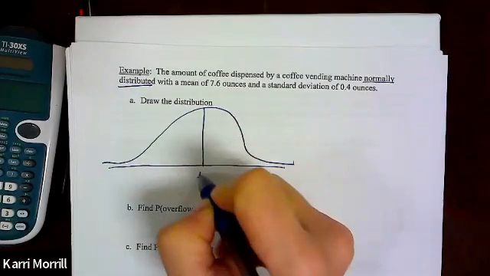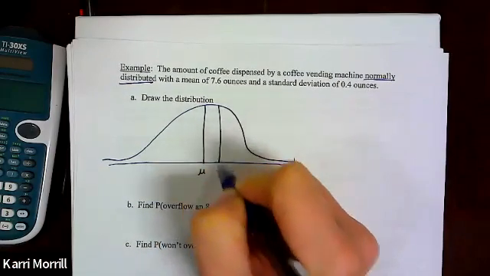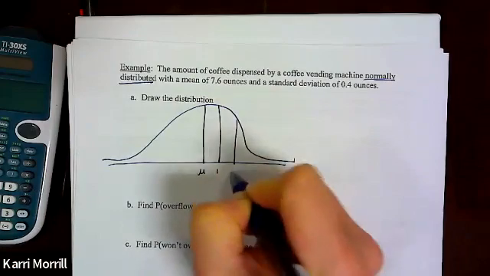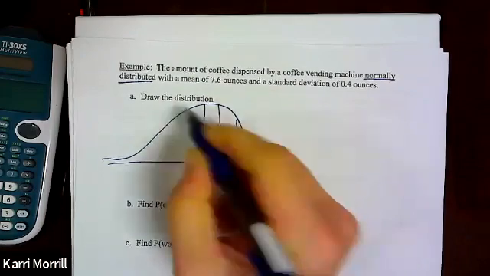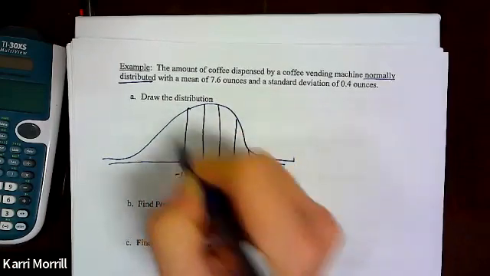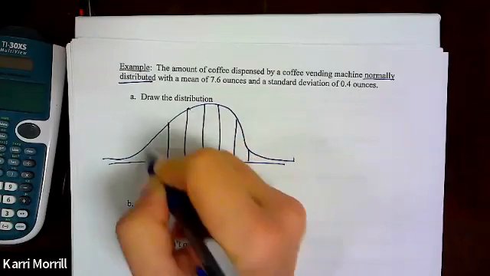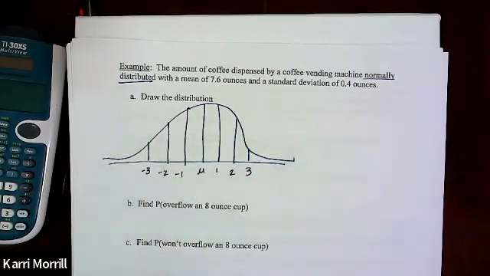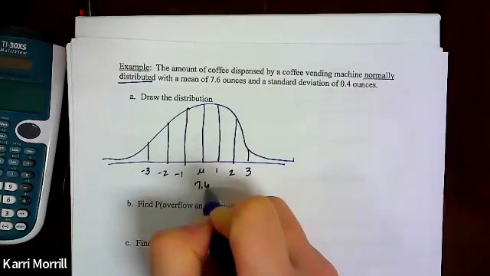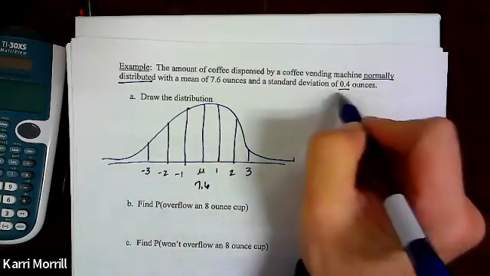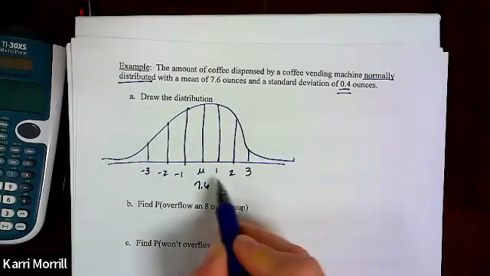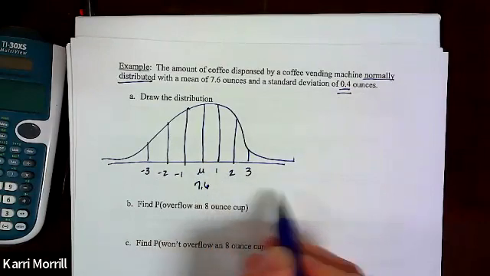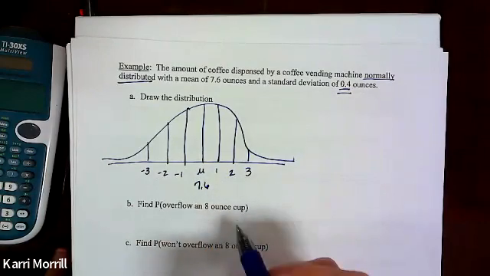So remember, this would be your mean, your +1 standard deviation, your +2, and your +3. This would be -1, -2, and -3. But we're going to actually use real values that were given to us about the coffee. So they're saying the mean is 7.6 ounces with a standard deviation of 0.4. So we're going to add 0.4 each time we move over, the easiest way to do that.